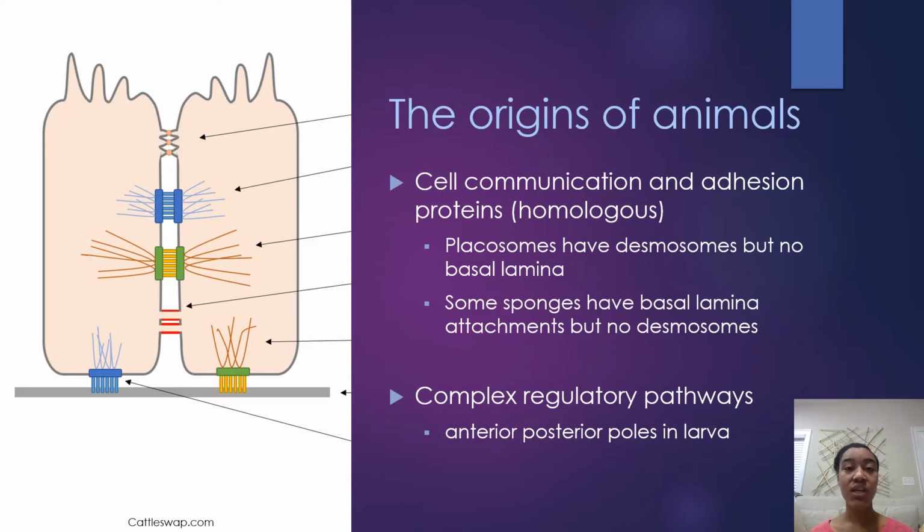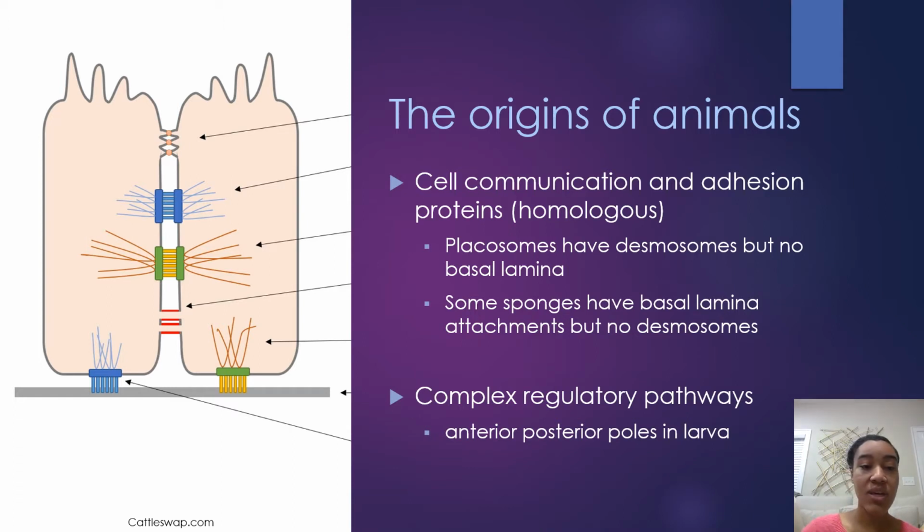In addition to looking at choanoflagellates to get an idea of how multicellularity evolved, we can also look at sponges to see how epithelial tissue may have evolved in higher order animals. In order for a tissue to be considered a true epithelial tissue, it must have two characteristics.